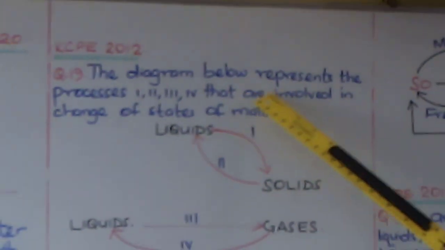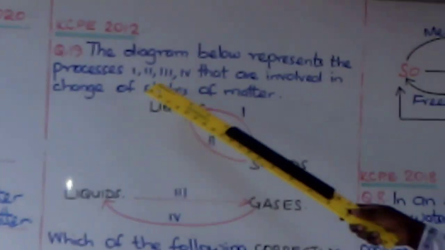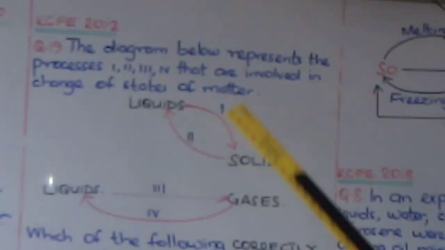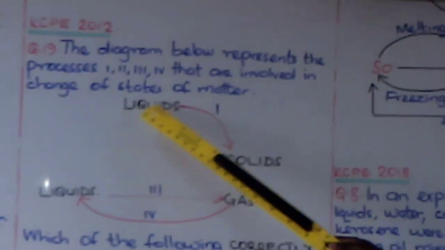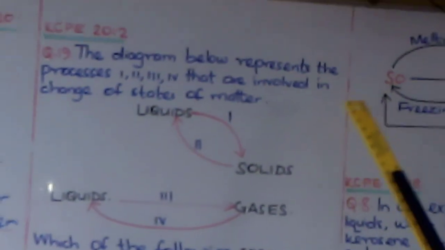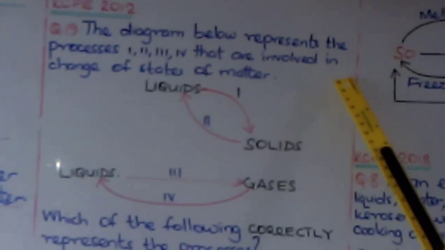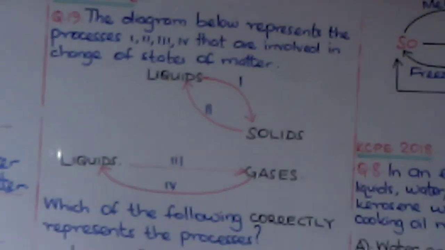Now, the diagram below, question number 19 of 2012. The diagram below represents the processes 1, 2, 3, and 4. These are Roman numerals that are involved in the change of states of matter.